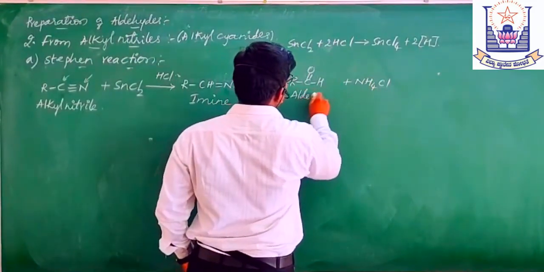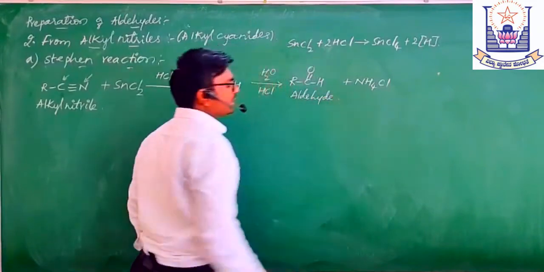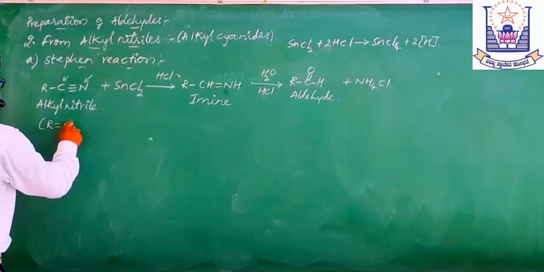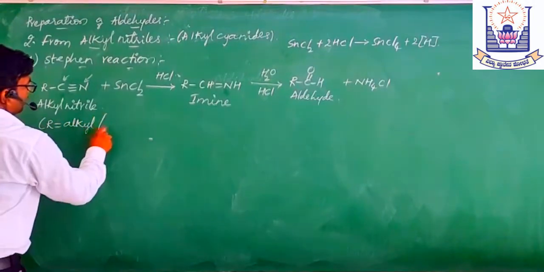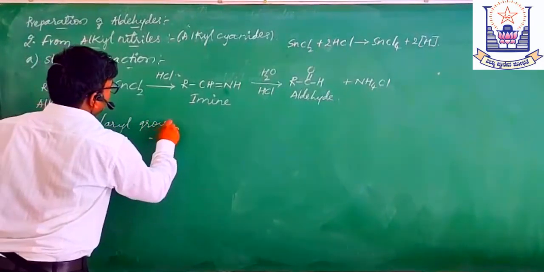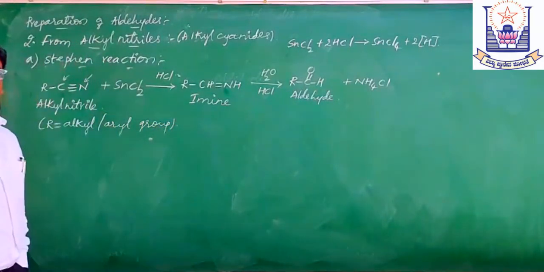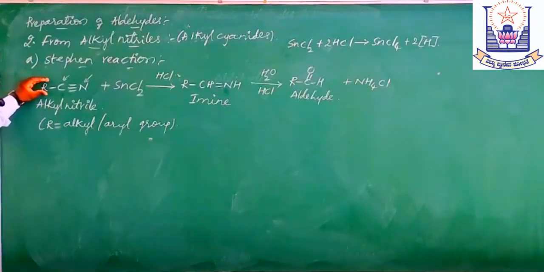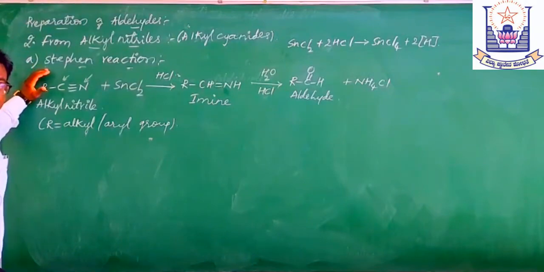So you are getting an aldehyde. Here R may be an alkyl or aryl group. Write examples by taking R equal to CH3 and R equal to C6H5; that you have to try yourself.